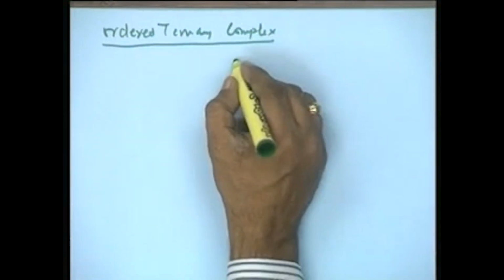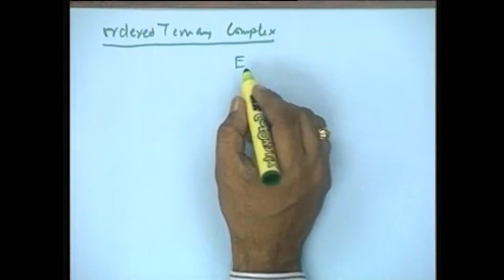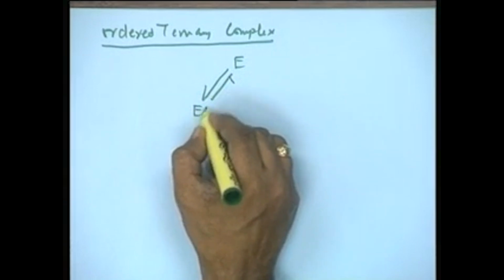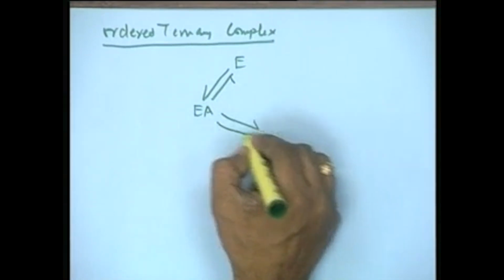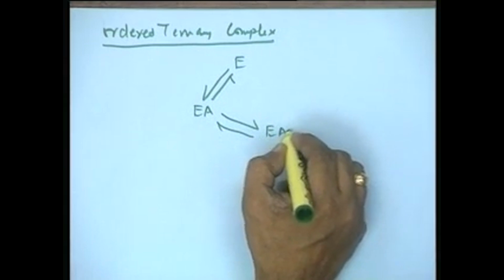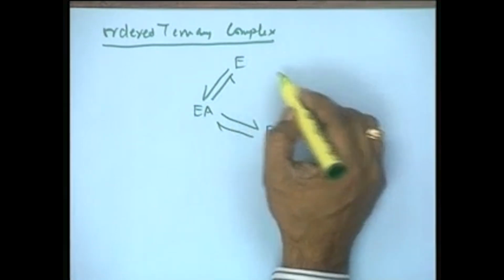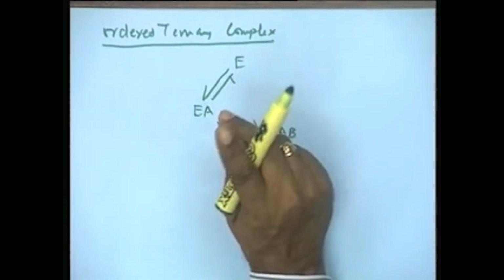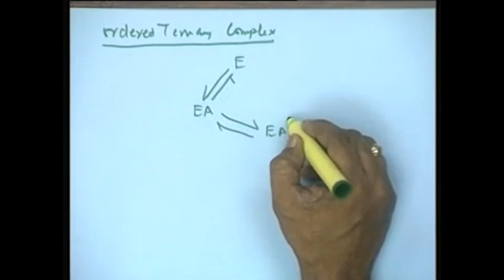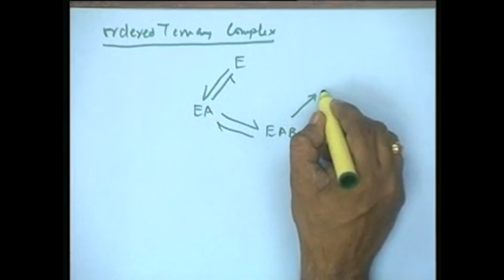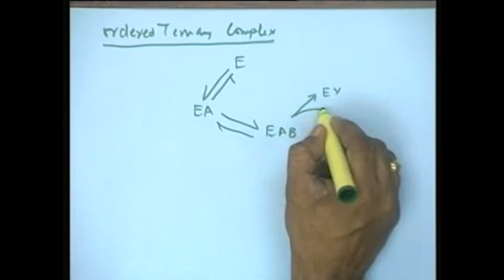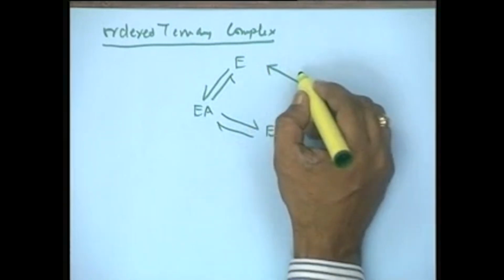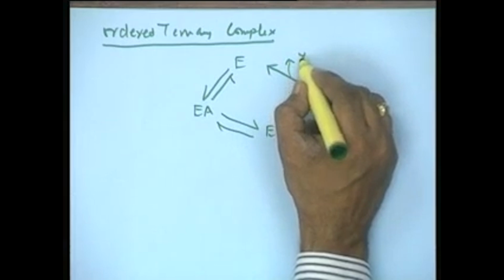Now, you will recall that the reaction mechanism in this case was expressed E goes to EA, then EA goes to EAB. Mind that the binding of B to E is not possible in the ordered mechanism. We are considering that only A can bind to free enzyme, and then this essentially goes to E with the release of the product X, and then this goes to E with the release of the product Y.